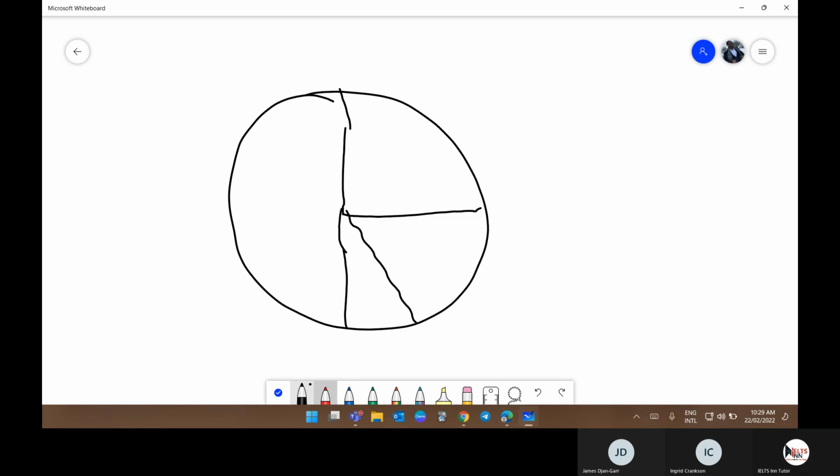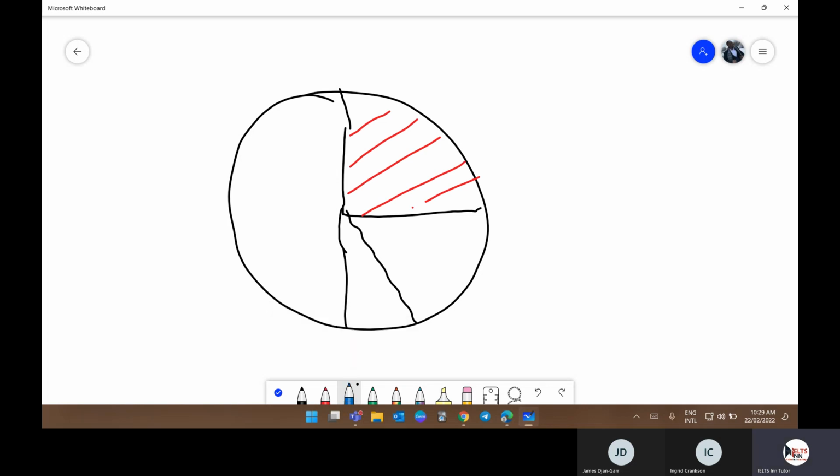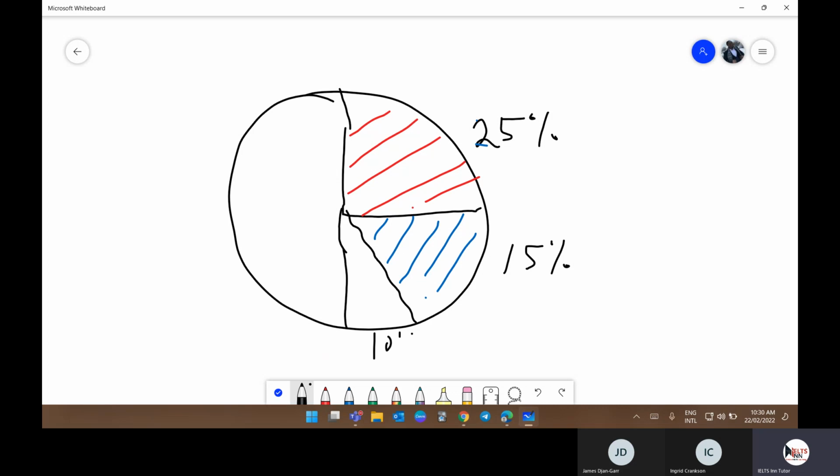Okay, so let's see, this is red, then we have blue here. Let's say red is 25%, and blue is 15%, and this is 10%.